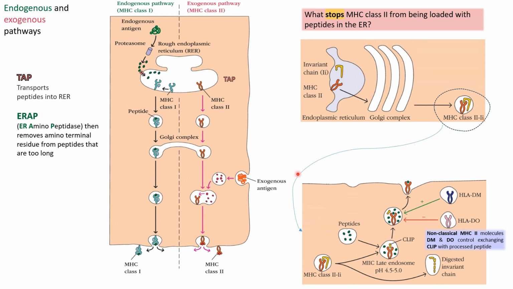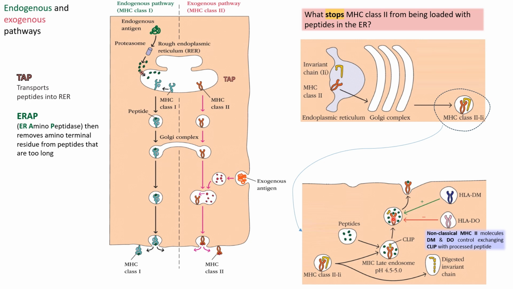The next stage is how to get the peptides to come in here, into this closed up MHC. Well, what we have now is a new type of endosome called the MHC late endosome, which is a low pH endosome, and in that low pH endosome, the invariant chain is first cleaved, leaving behind a small piece, and the rest of it gets digested.